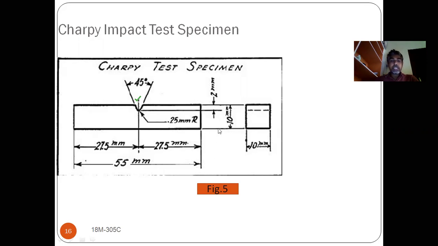These are the general dimensions of a specimen used for the Charpy test. Here the load is applied on the back side of the V notch. It is loaded into the Charpy impact testing machine as a simply supported beam. We will discuss that at the end.